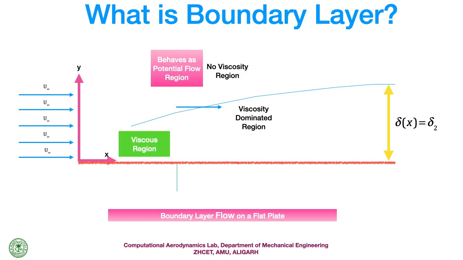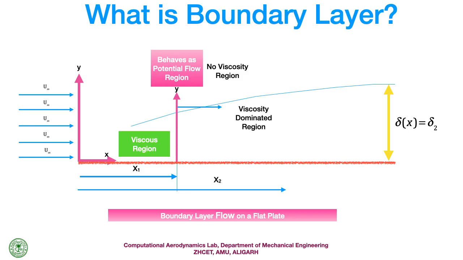Now, the no viscosity region behaves as a potential flow region, and the viscous region behaves as a viscosity dominated region. Now, if I take two stations, x1 and x2, and draw the velocity profile, or hold a probe along the perpendicular y direction, what do I expect?